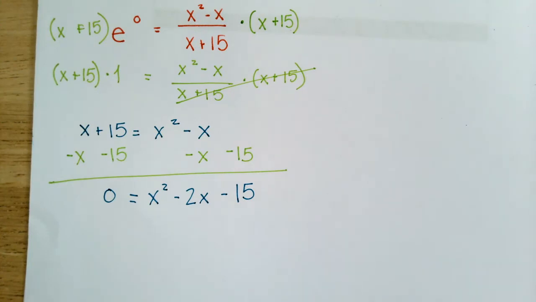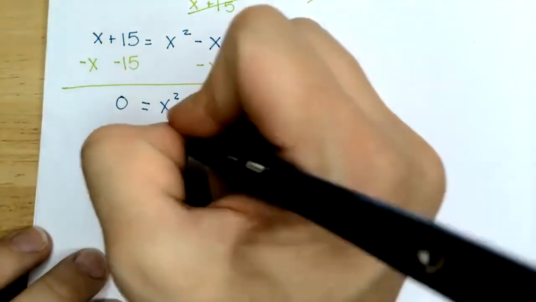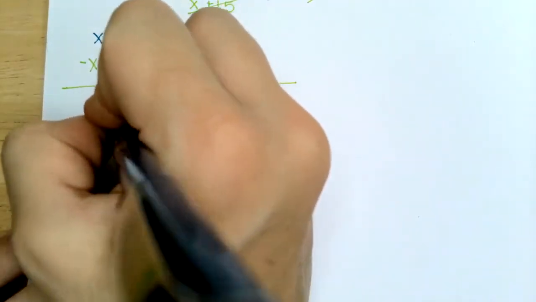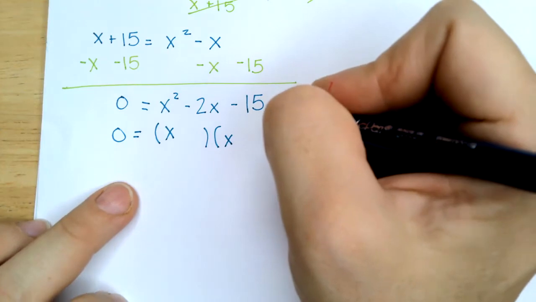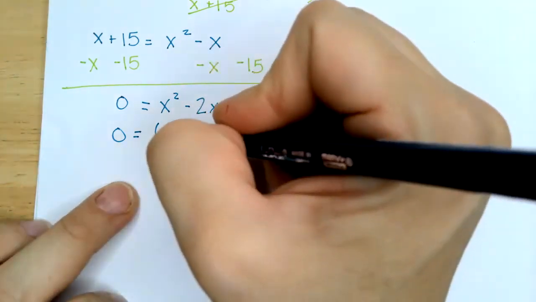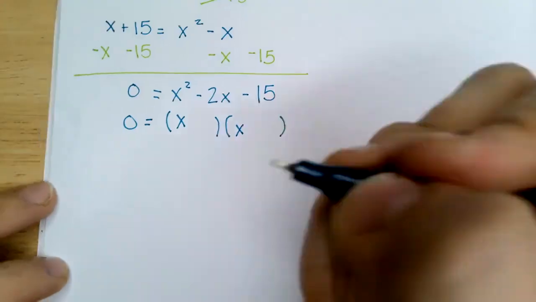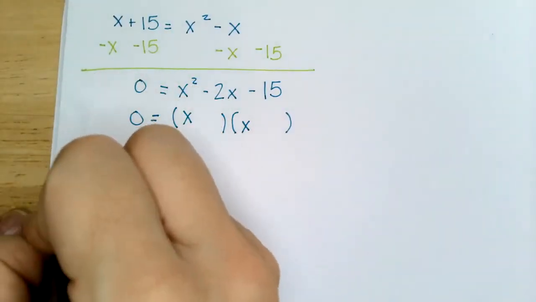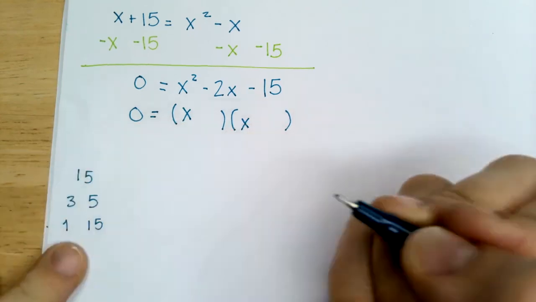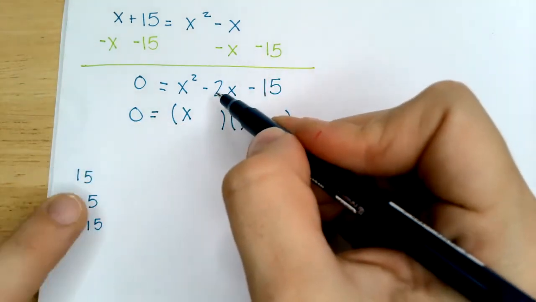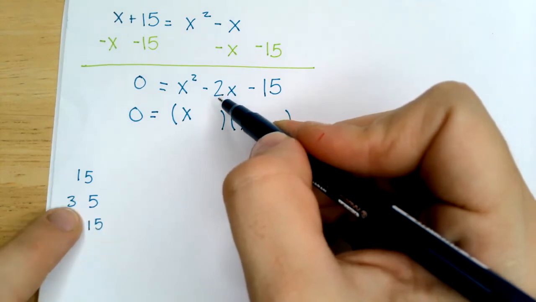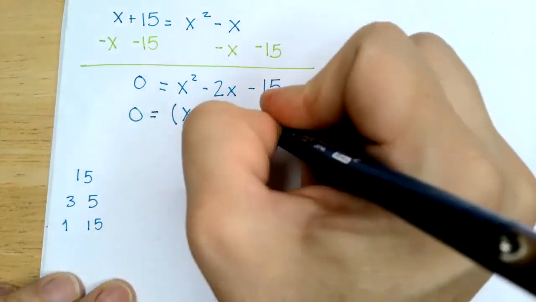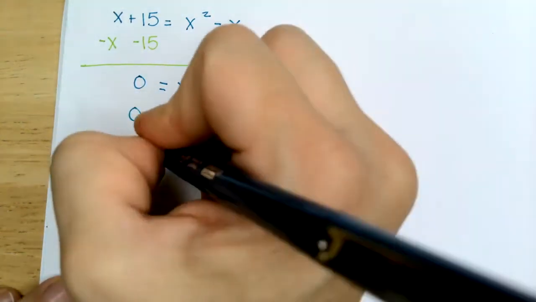Good? Just like last time, can you see factors? x times x is x squared. The negative 15, what are the factors of 15? 15 can be 3 and 5 or 1 and 15, right? Which one of those would add to a negative 2? If I had a negative 5 and a positive 3, I could get a negative 2, right? Minus 5 plus 3.